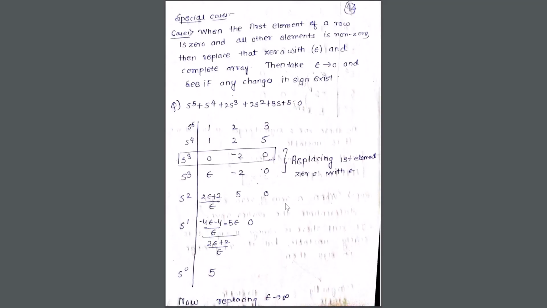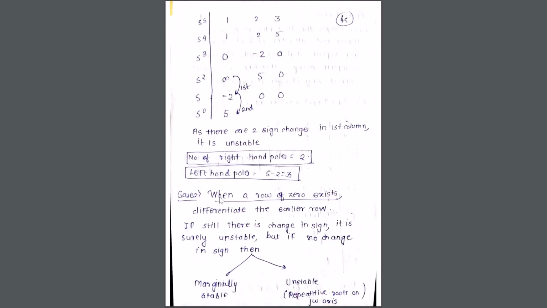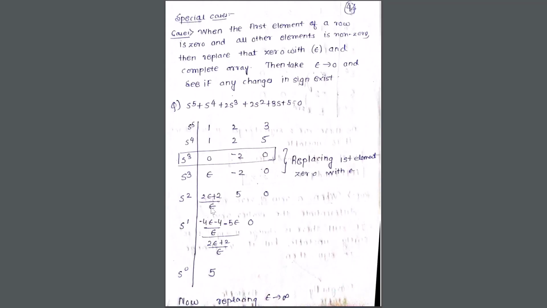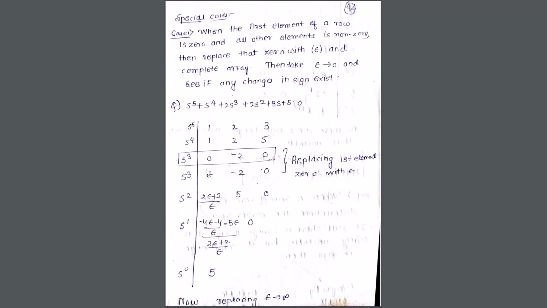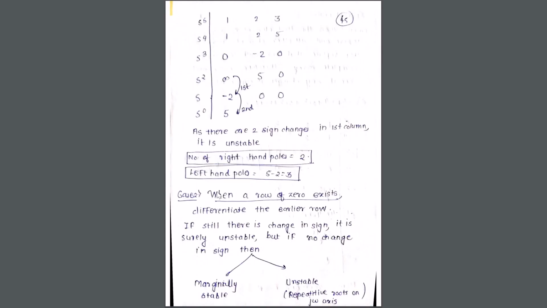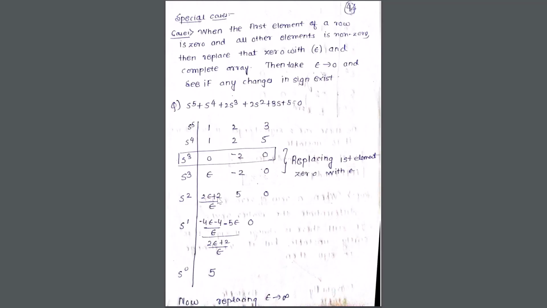So you can refer to this. Now, what you have to do is, since the terms are present in the form of epsilon, replace the epsilon value straight away with a simple value, that is, you can replace the epsilon with 0.